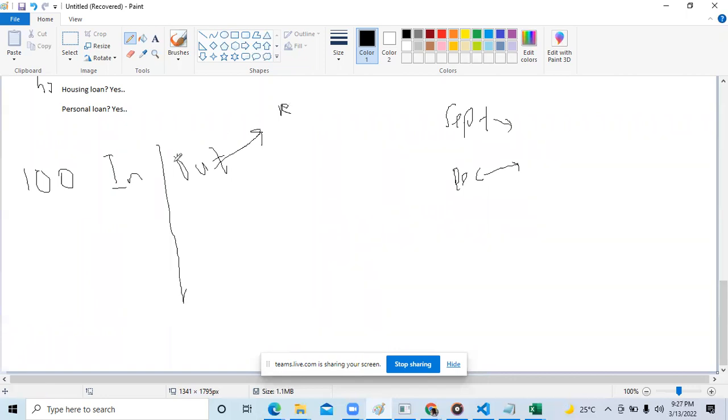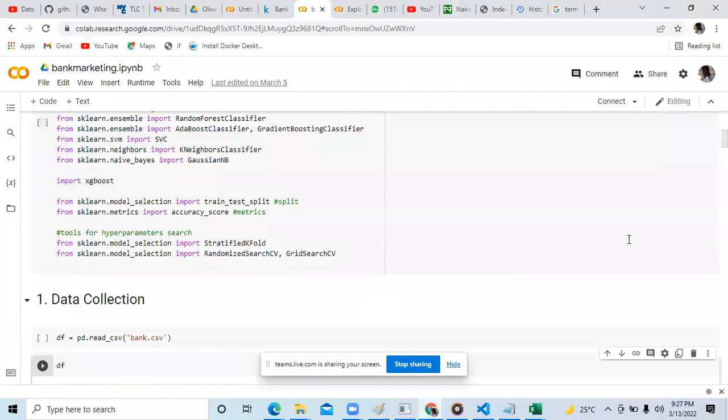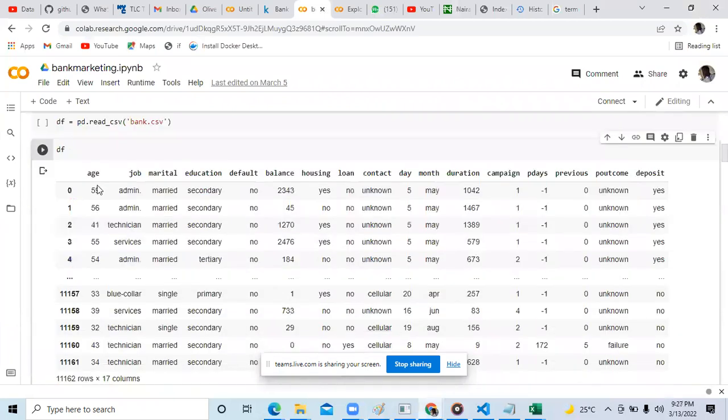So once you've studied the output variable, of course, I've told you that you need to go and study the input variables. But one thing I did not mention is that, apart from studying the output variable, you also need to study the input variables and how they affect each other. So how does this job variable affect marital status?